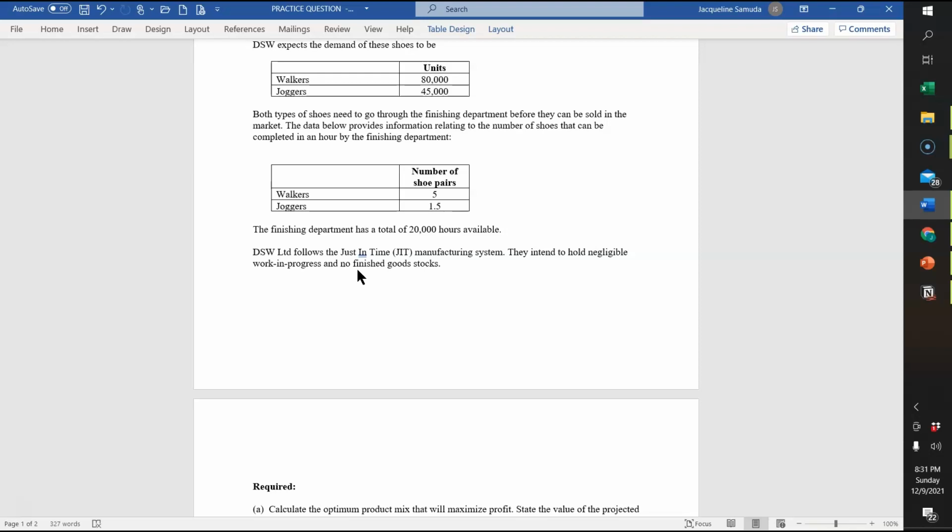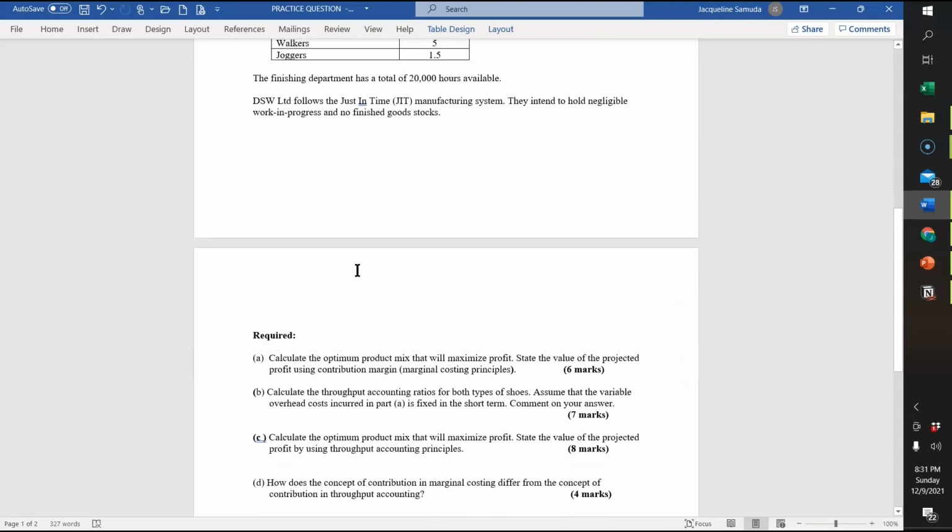But what is the selection criteria? What is going to help us to make that choice? And in the question, they gave us two options: marginal costing techniques and throughput accounting techniques. Now let us go to the next slide.